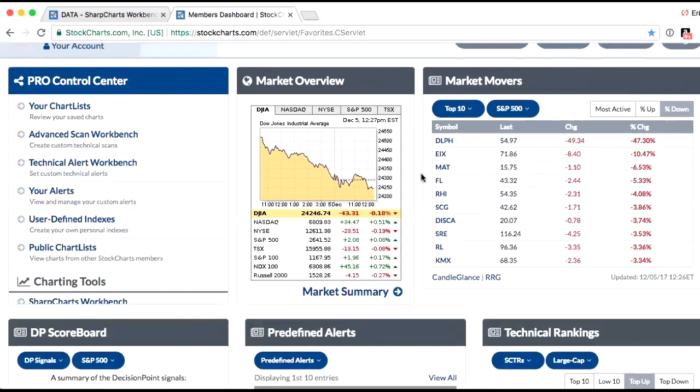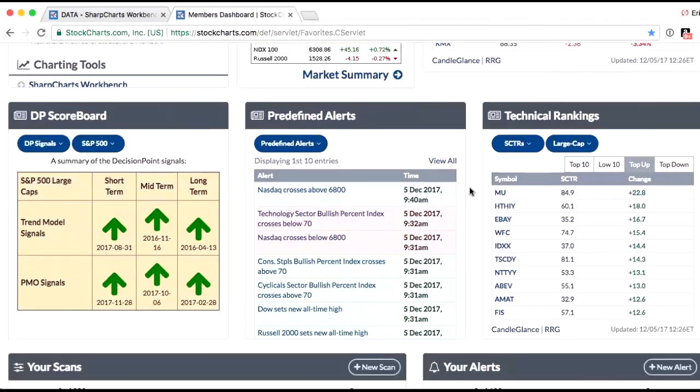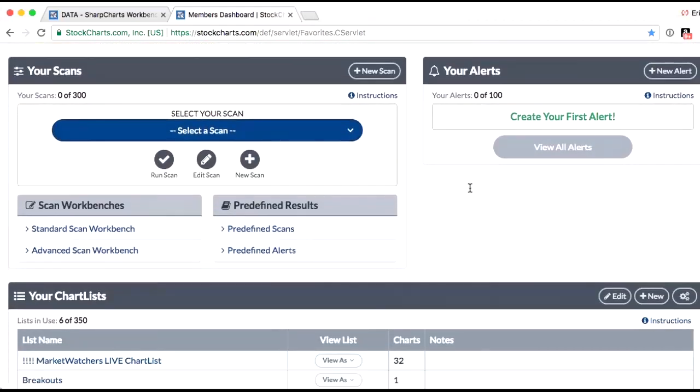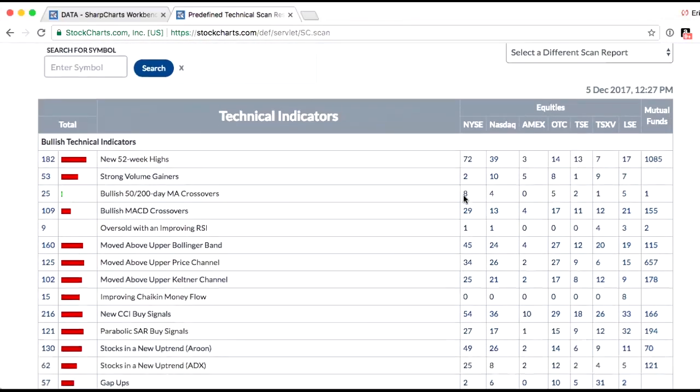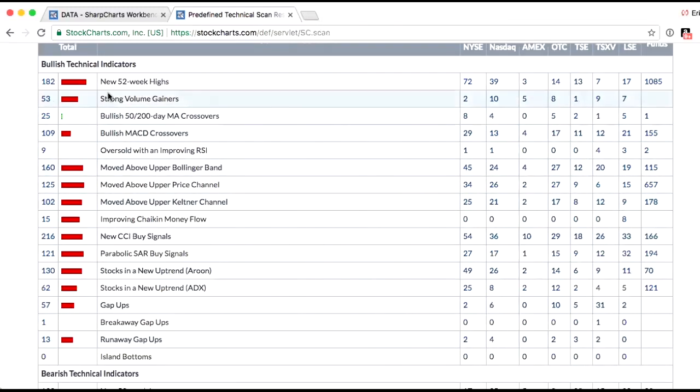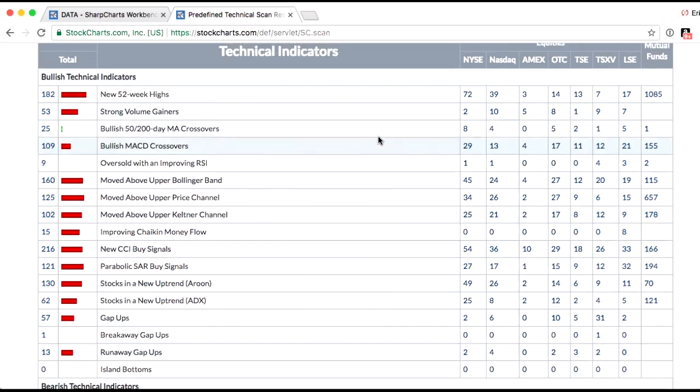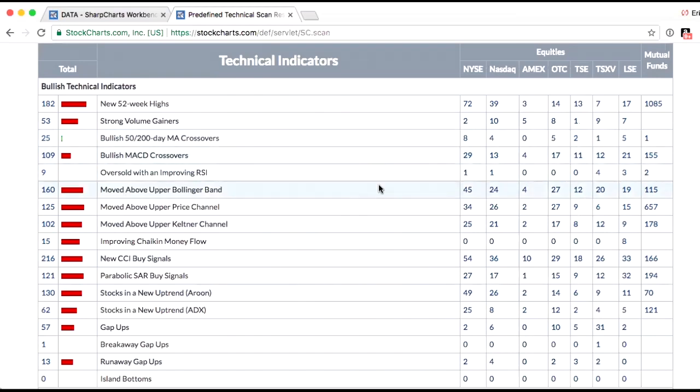All right. Well, first of all, I just want to let everybody know how I found them. I went to the predefined scans and looked for strong volume gainers. There were only 2 of those in the NYSE. I think I ended up pulling most of mine through bullish MACD crossovers. The scans are already written and done. When you come to the predefined scans page, all you have to do is look at the one you want.